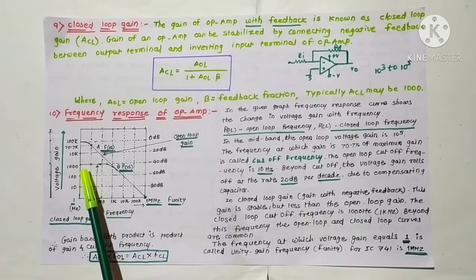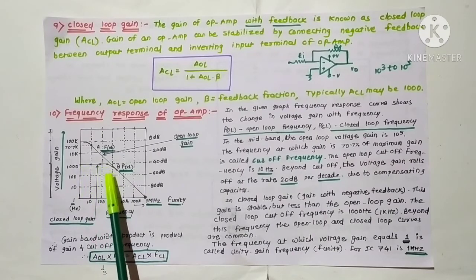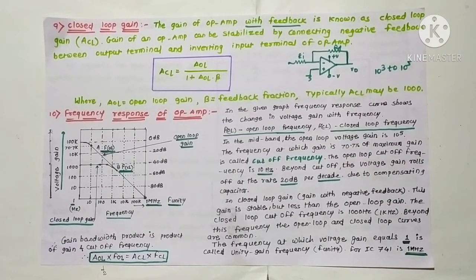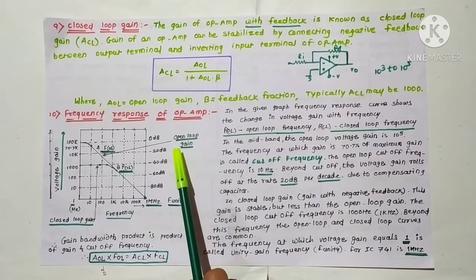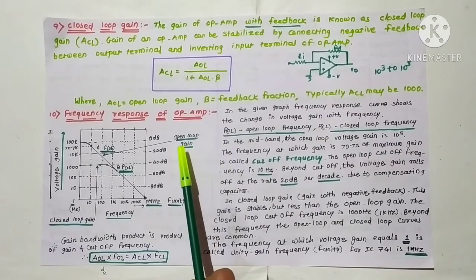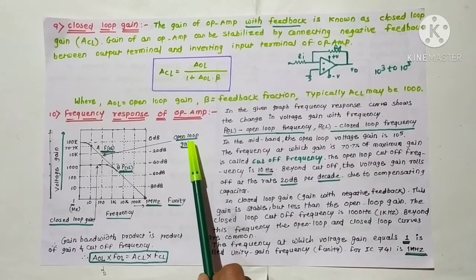curves. This first curve is for closed loop gain. All of you know what is meant by closed loop gain? The gain with negative feedback is called closed loop gain. Then next is the open loop gain. The gain without any feedback is called open loop gain.